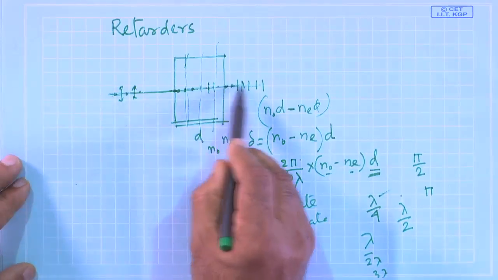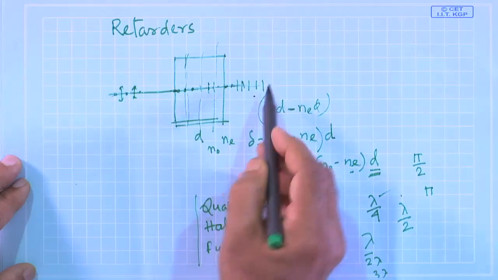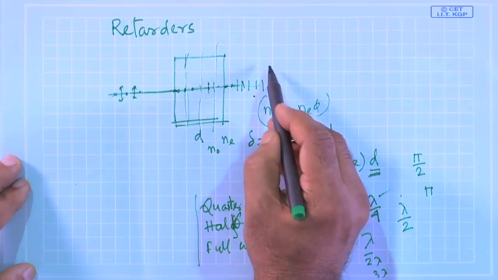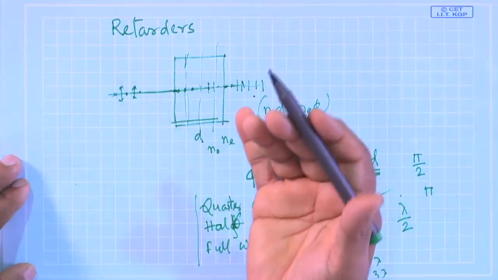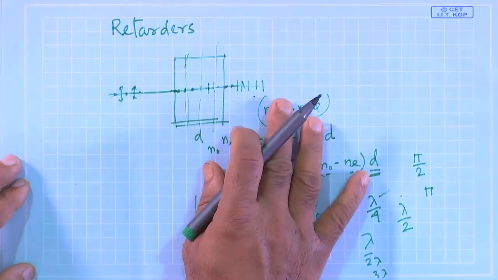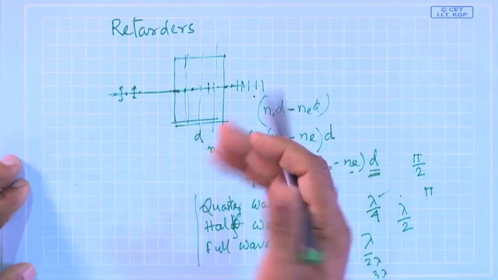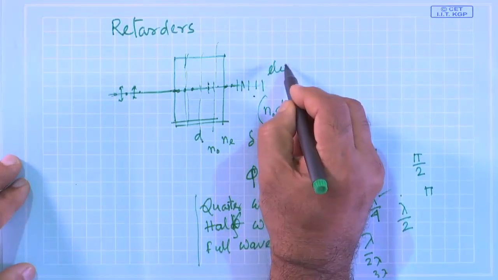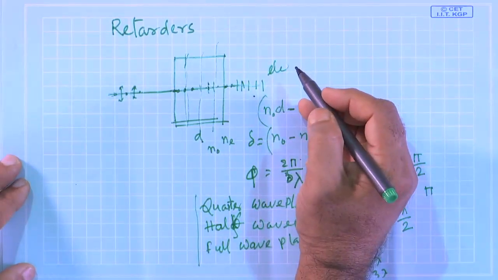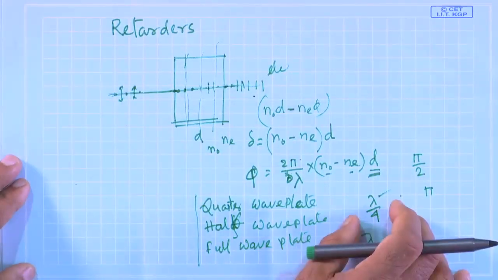So, when these two rays come out, one can use this plate for linearly polarized light. If you want to get elliptically polarized light or circularly polarized light, you have to introduce a phase difference or path difference between the two components.